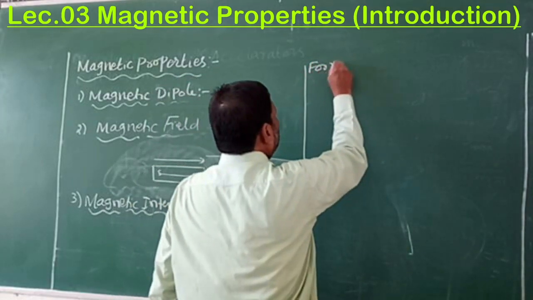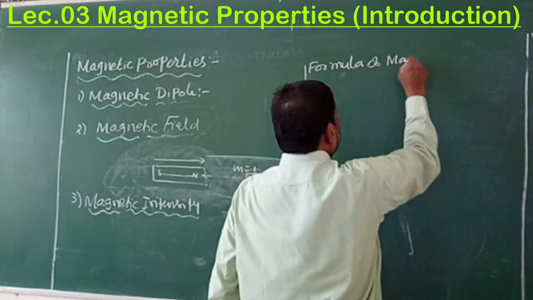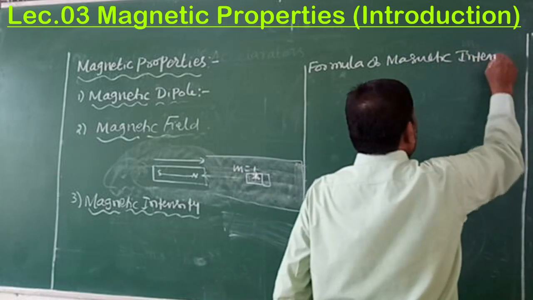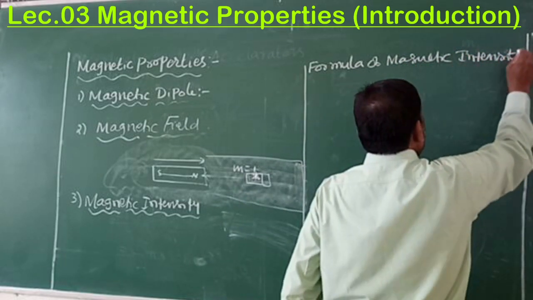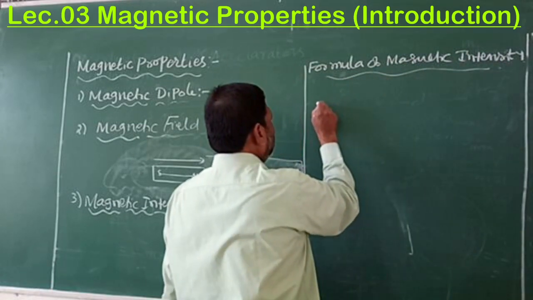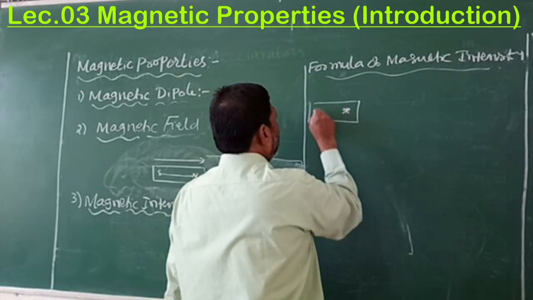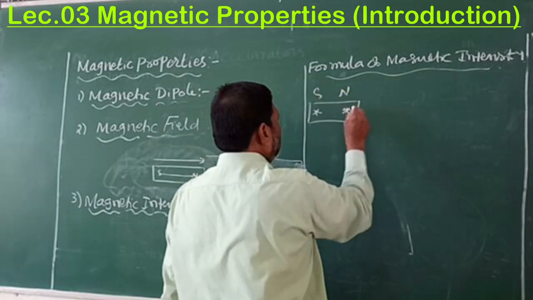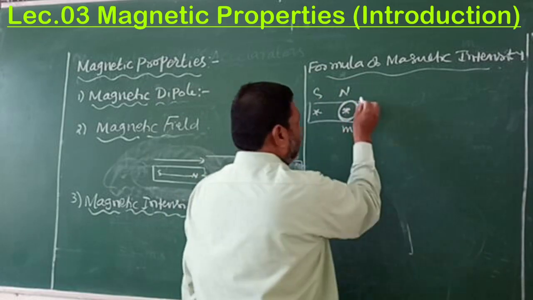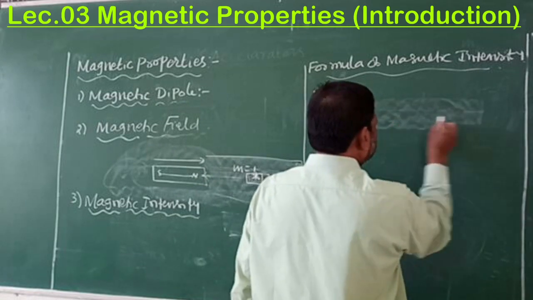Formula of magnetic intensity. Now here, let us consider this is a magnet and its pole strength is M. Now it produces the magnetic field.